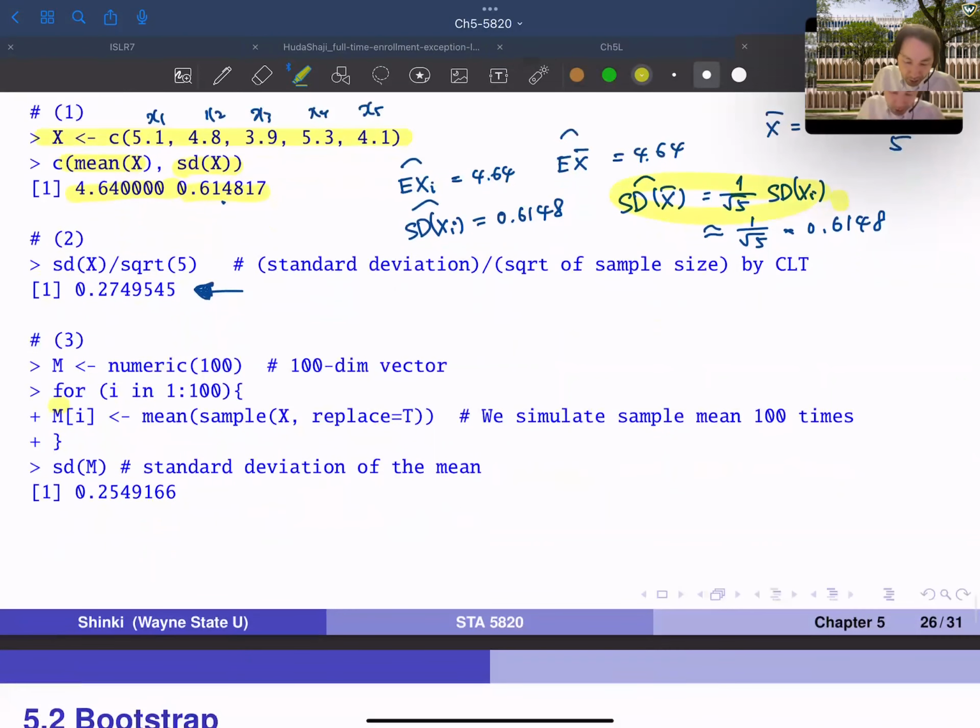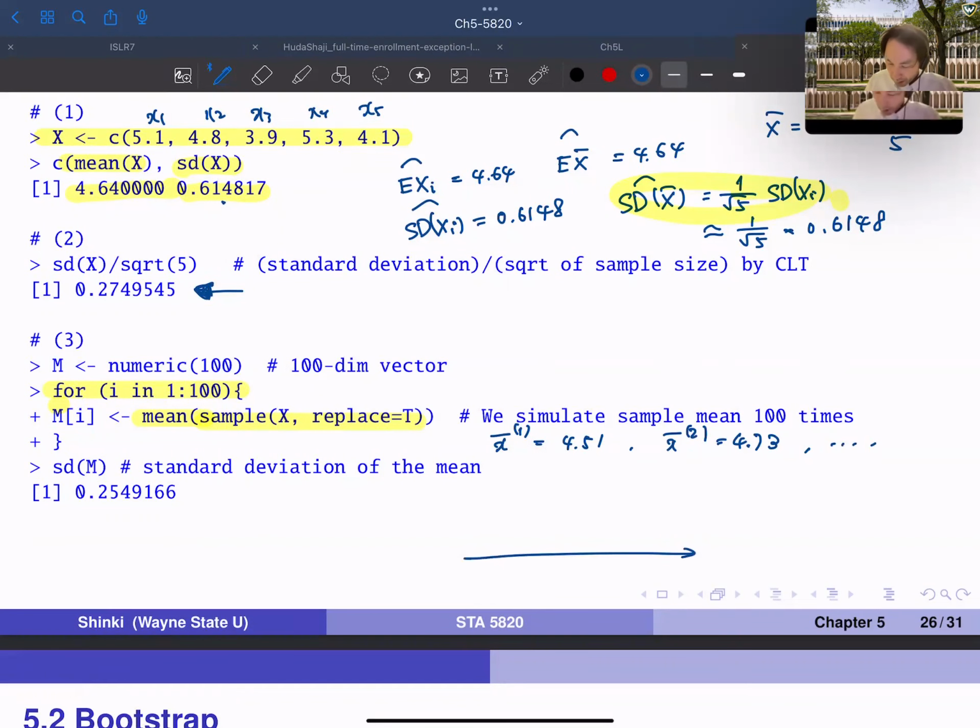So this is the simulation method. We iterate this 100 times. We sample 5 observations from X, then take the average. So we have many averages. Maybe X bar 1 is 4.51 or something, X bar 2 is 4.73 or something. Then we can calculate this 100 times.